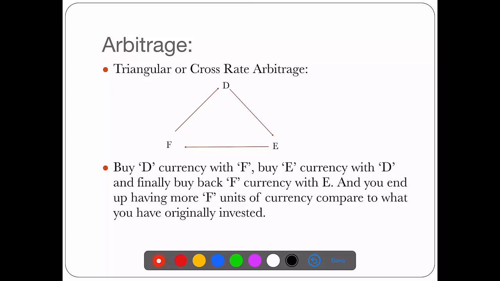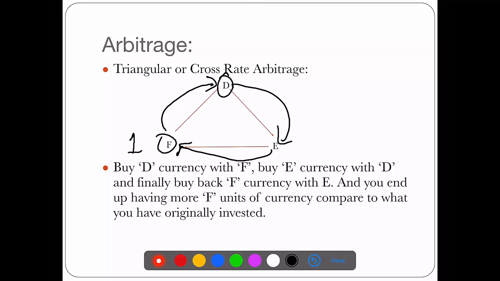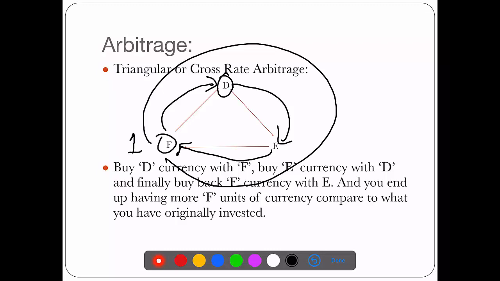Because of the mispricing, a person who already has currency F sells currency F and buys currency D, and now he sells currency D and buys currency E. In the last step, he sells this currency E and buys back his original currency F. Let's suppose he has generated a profit: from the starting point he might have sold just 1 unit of currency F, but by completing this whole process, he ended up getting more than 1 unit of the foreign currency, say 1.2 units.